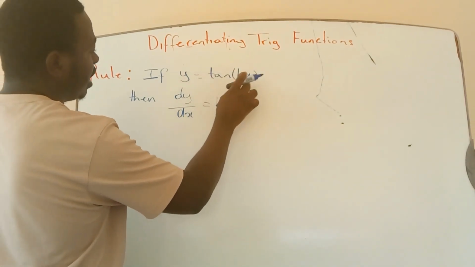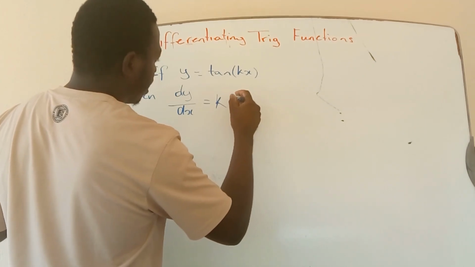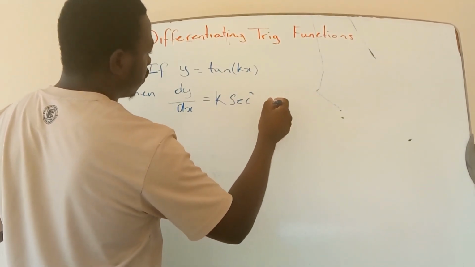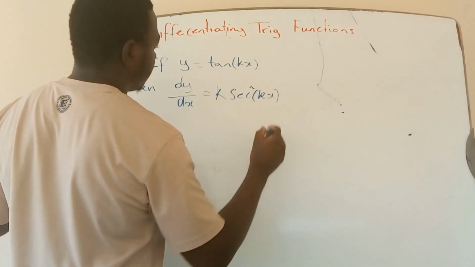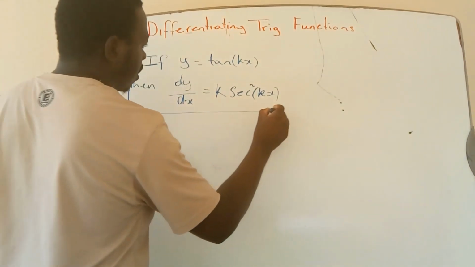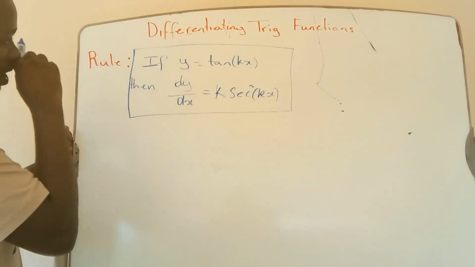Differentiate tan kx, that gives you secant squared kx, which can be written as sec squared kx. Alright? So that's it. So this is the rule that you use to differentiate tangent function, right?